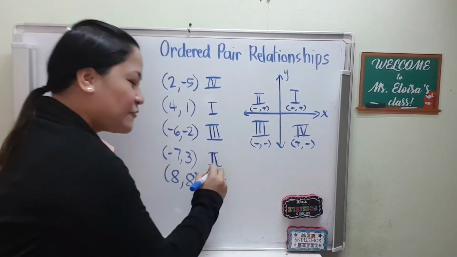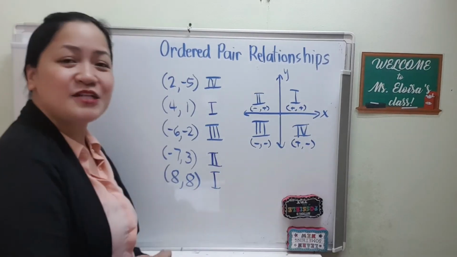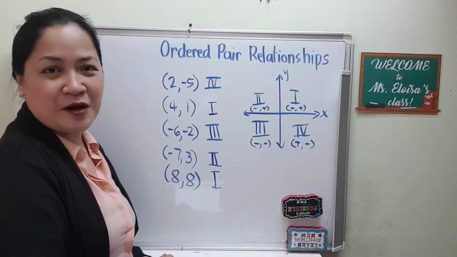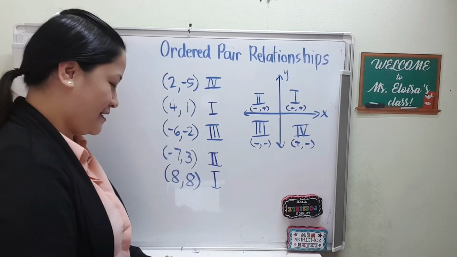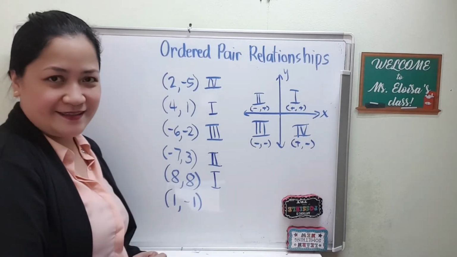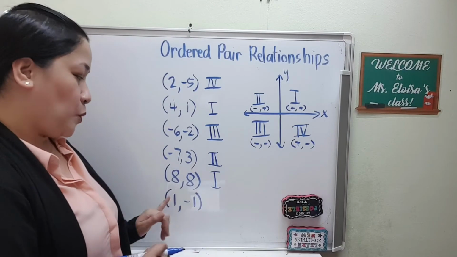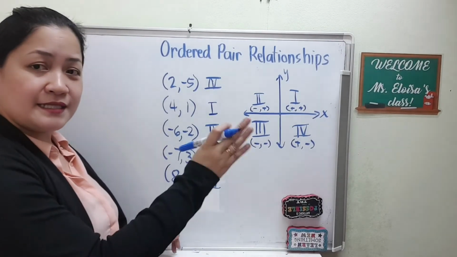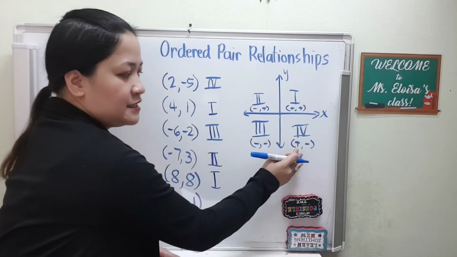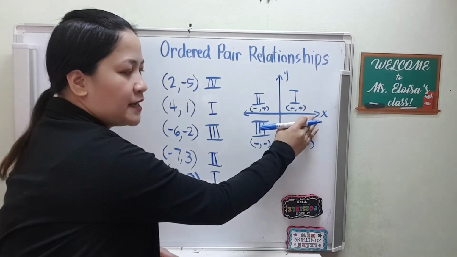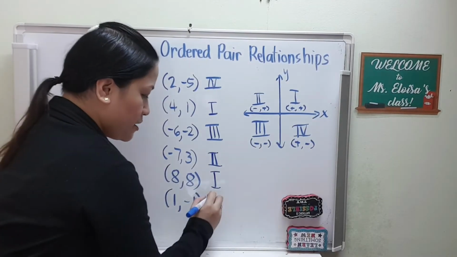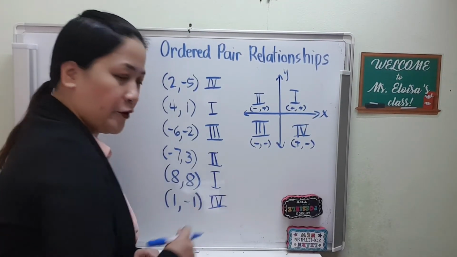Very good. We can find 8, 8 in quadrant 1 since both of them are positive. And 1, negative 1, we have positive, negative, or move to the right and then down. That is quadrant number 4.